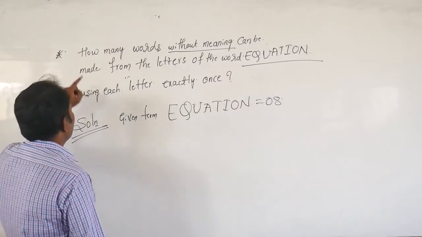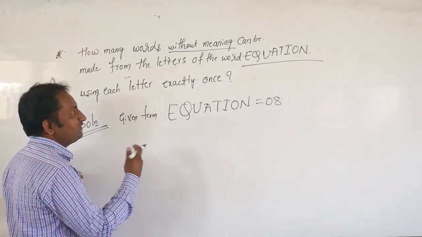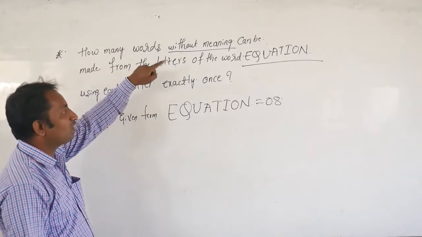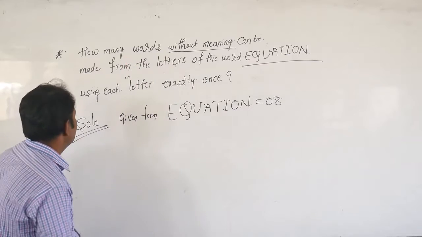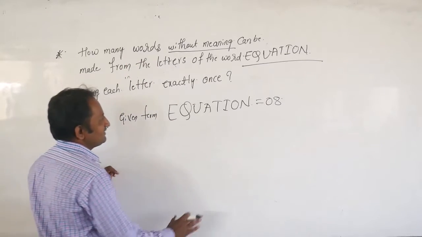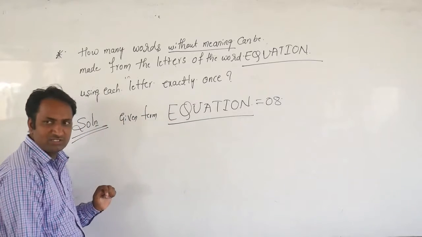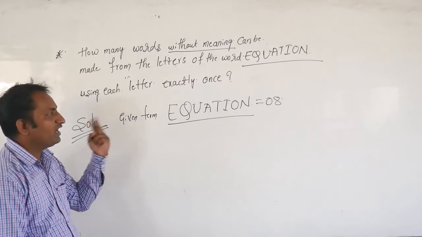The question is how many words without meaning can be made from the letters of the word EQUATION using each letter exactly once. The given term is EQUATION, consisting of 8 letters.